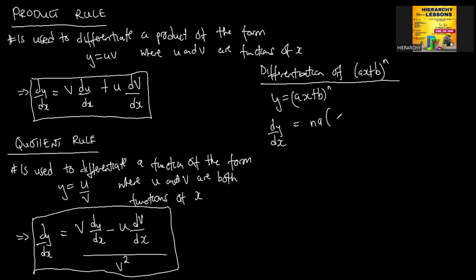So it's n a, then ax plus b to the power n minus 1. So we just drop the power, which multiplies the derivative inside the bracket. So those are the rules for differentiation.